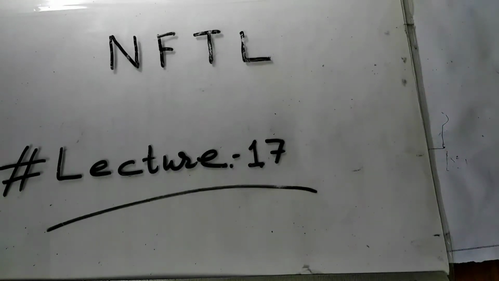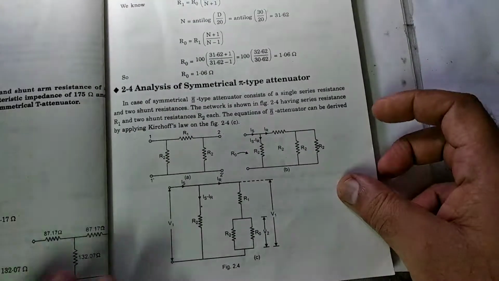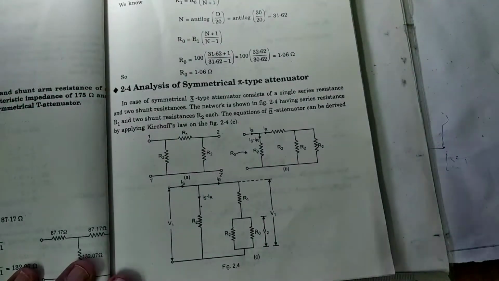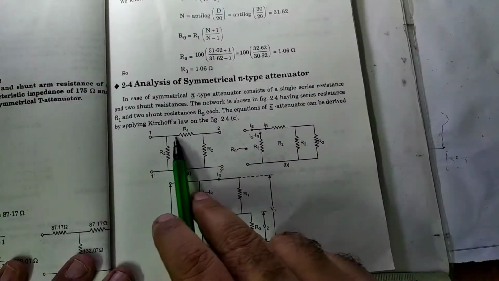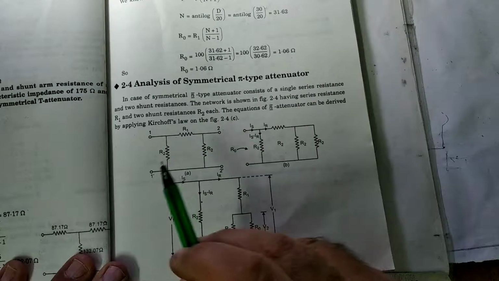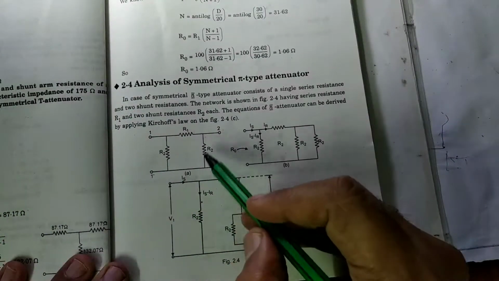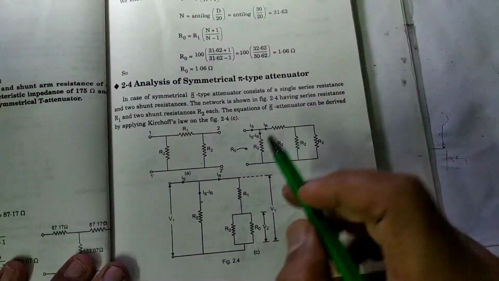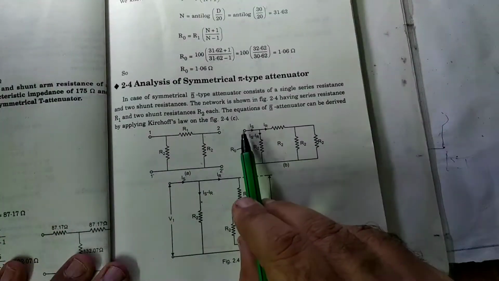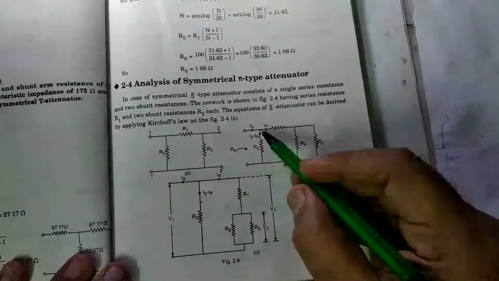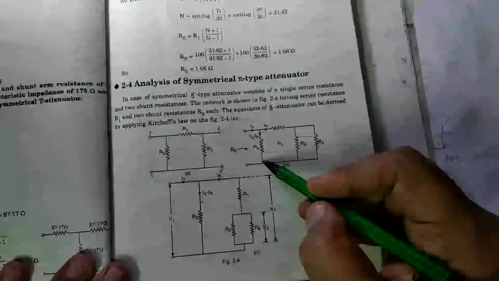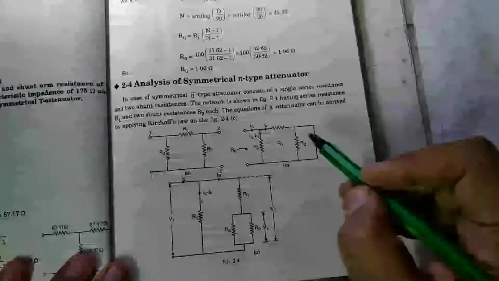In case of a symmetrical pi type attenuator, which consists of a single series arm resistance R1 and two shunt arm resistances R2, R2, the current entering the attenuator is IS and it is divided into two arms, IS minus IR and IR.